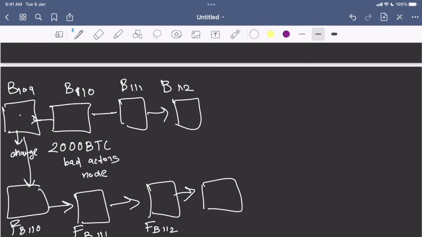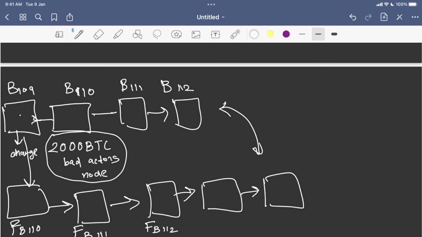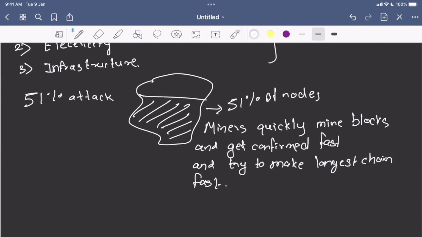So this fork they will try to create as long as possible, faster than this honest chain. Why? Because this chain will not have this transaction in it. So in short, they will spend 2000 Bitcoin for buying something or some commodity, but they will also reverse that transaction in this falsely created chain. But only if they own 51% of the network nodes.